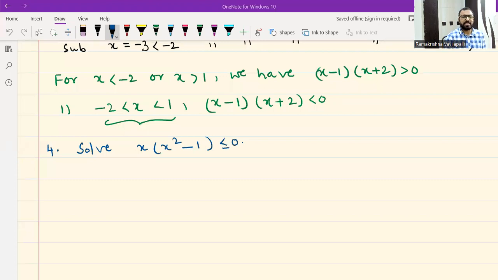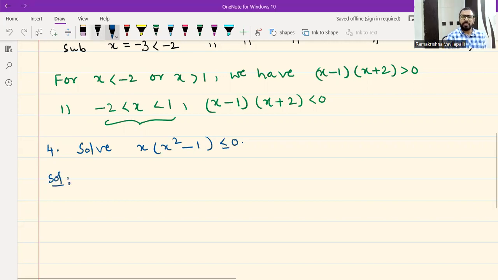Here is another example. Solve x into x square minus 1 less than or equal to 0. The meaning of this statement is, for what real values of x is the expression x into x square minus 1 non-positive, which means less than or equal to 0. So here is the solution.